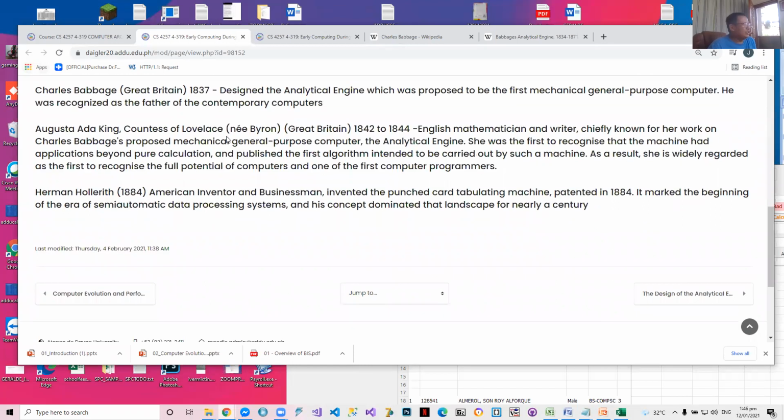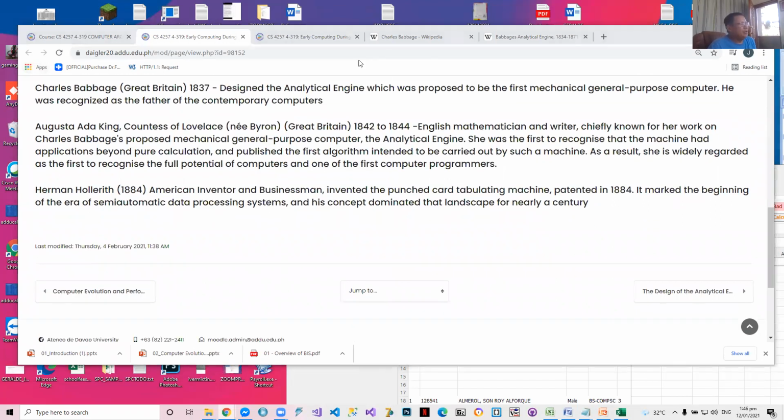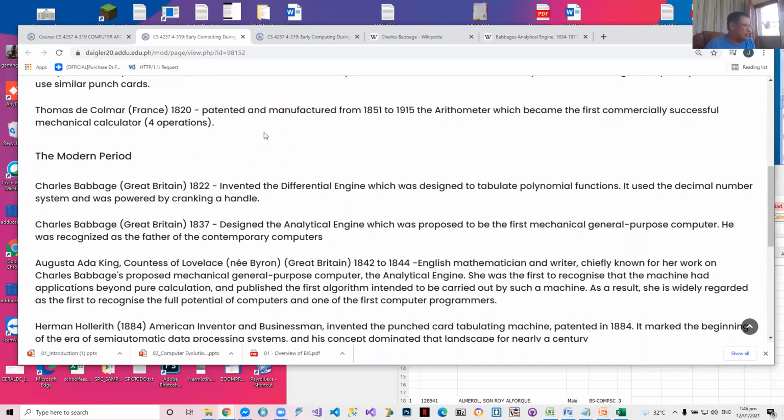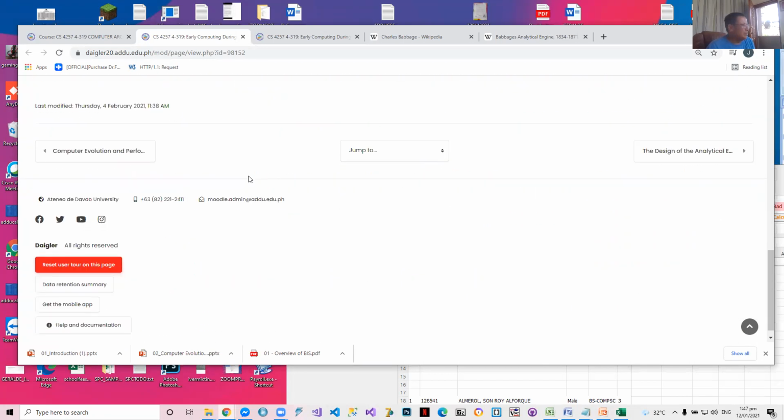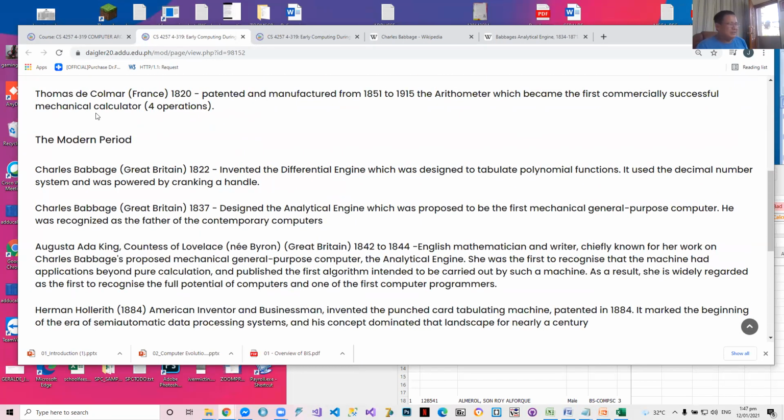So it started during the modern period. It's called the modern period because the period before it was the Dark Ages. Modern period in world history. This was the time when there were already steam engines. Kaka-invento lang ng mga steam engines, meron nang trains, and so on and so forth. So in the modern period, electricity is just beginning.